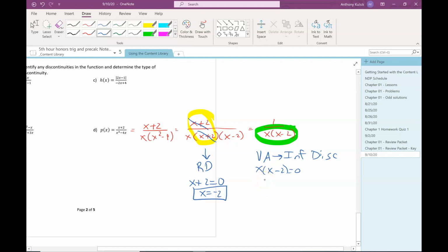Well, let me rephrase. A vertical asymptote is a type of infinite discontinuity. They're not exactly the same thing. Is that still okay, though? Okay. So when I set each of these parts equal to 0 and solve, I have x equals 0 as an infinite discontinuity, and also x equals 2.